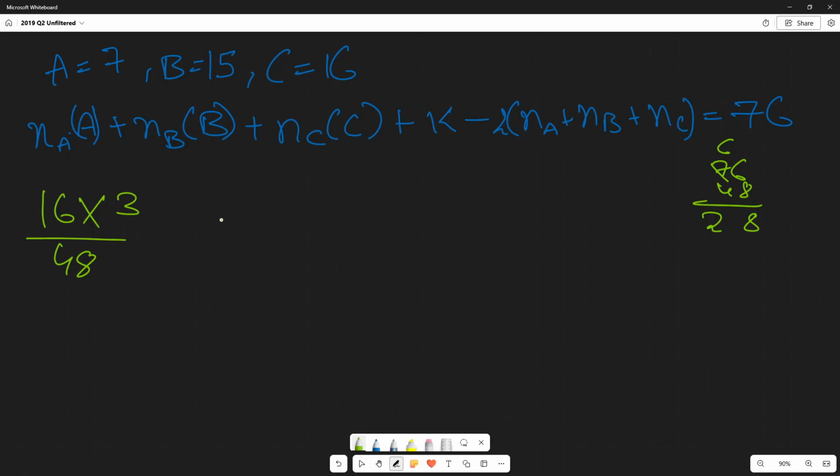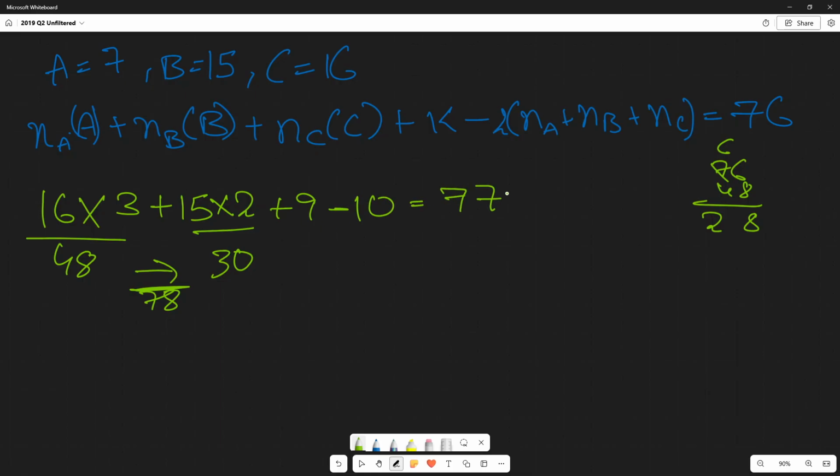Now we can keep 15 into 2, that will be 30. So this will be again 78 plus 9 minus 10, that will be 77. Again, this is not the correct answer.